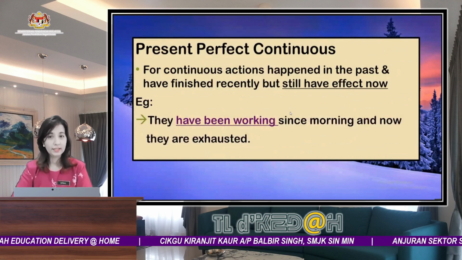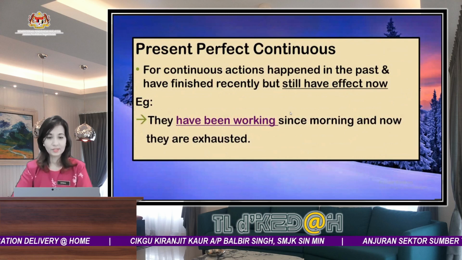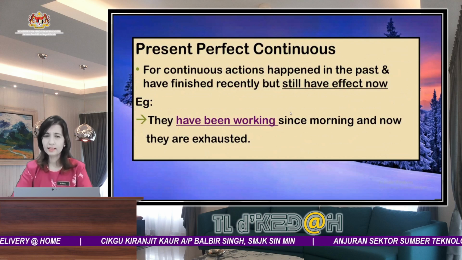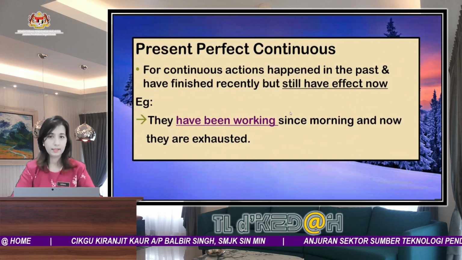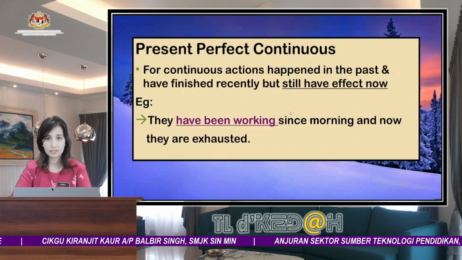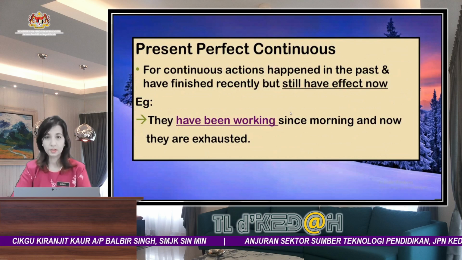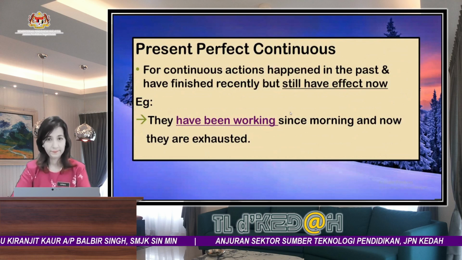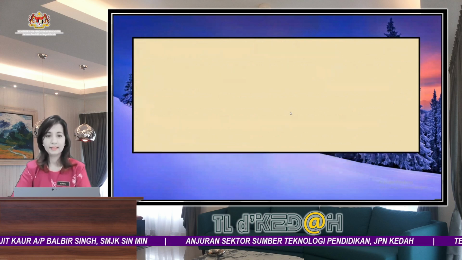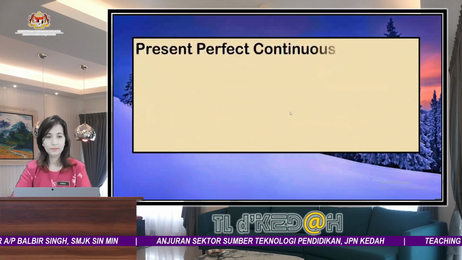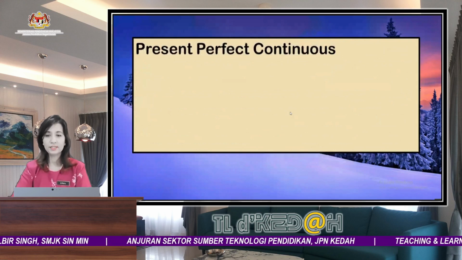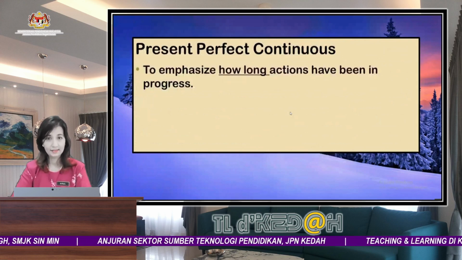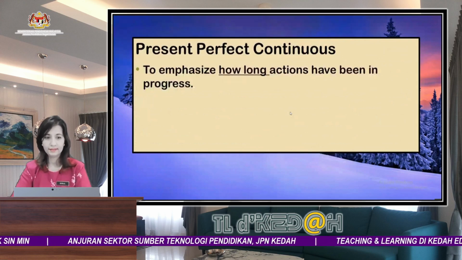The effect is showing that they are exhausted. They have been working and working and working, and now they are exhausted. So the action stopped already, but the effect is there. The next one: to emphasize how long actions have been in progress. How long has it been going on?